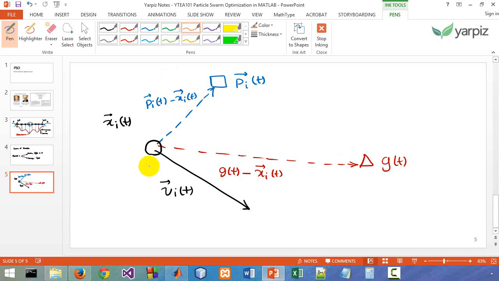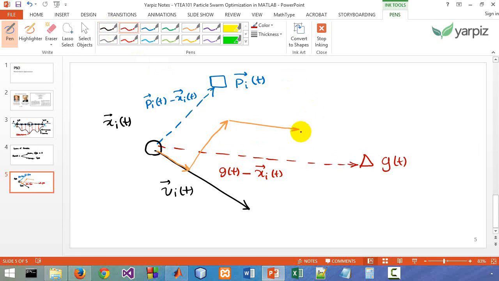The particle moves toward a new position, but uses all these three components. The particle moves somewhat parallel to the vector of velocity, somewhat parallel to the vector connecting xi to pi, and somewhat parallel to the vector connecting xi to global best.